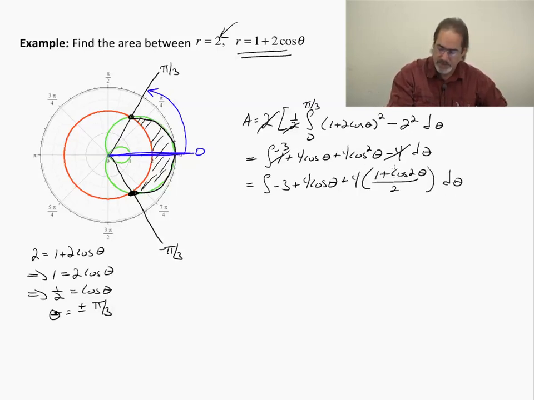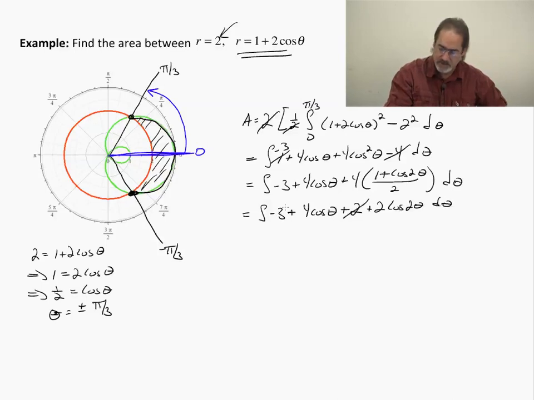Go ahead and distribute that 4. This will be the integral of negative 3 plus 4 cosine of theta plus, I'll have 1/2, 4 times 1/2, that's 2, plus 4 cosine 2 theta over 2, that's 2 cosine 2 theta d theta.